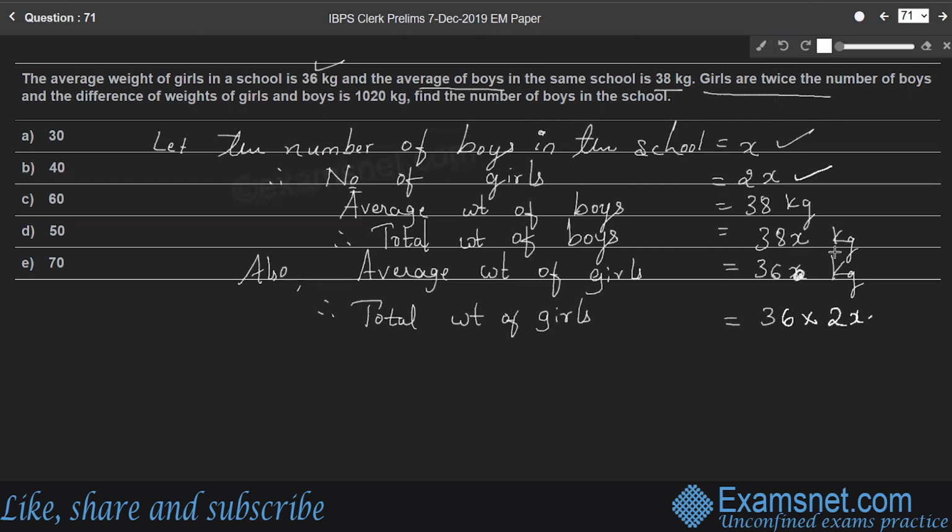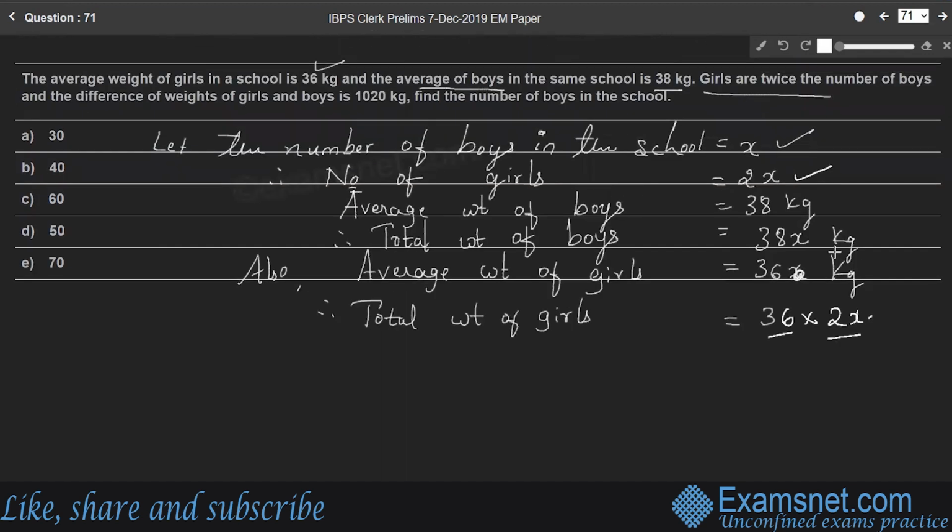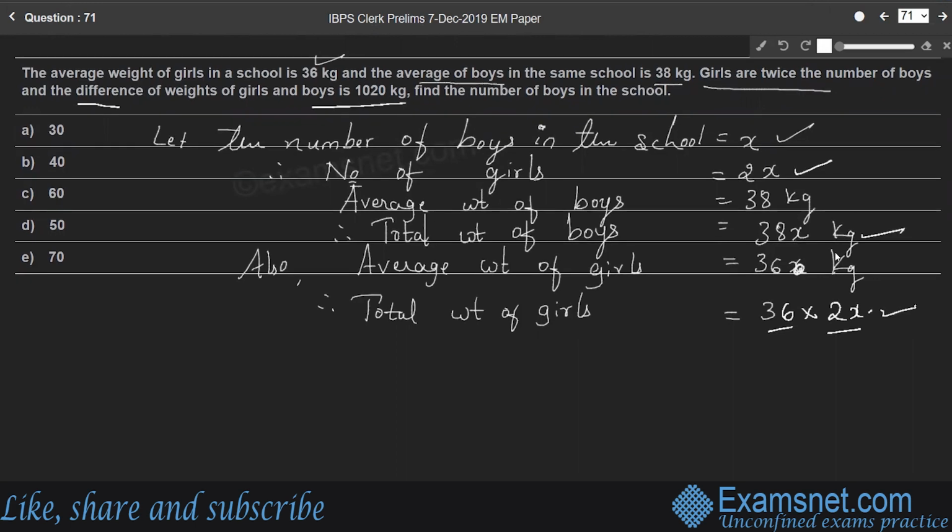So the total weight of girls is average weight into number of girls, right? Therefore, what is given here? The difference of weights of girls and boys is given, where we can directly take the difference of the total weight of boys and total weight of girls.